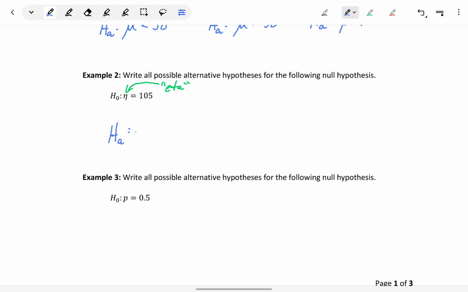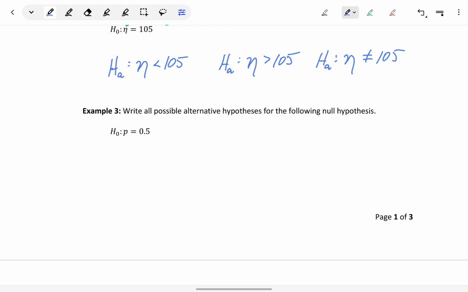Regardless of the fact that we've changed our symbol here, we still have the same three strict inequality statements: less than, greater than, and not equal to, which give us our three possibilities for the alternative hypotheses that could be paired with this null hypothesis. Every test will only have two statements, so it would only be one of those three that we would end up using.